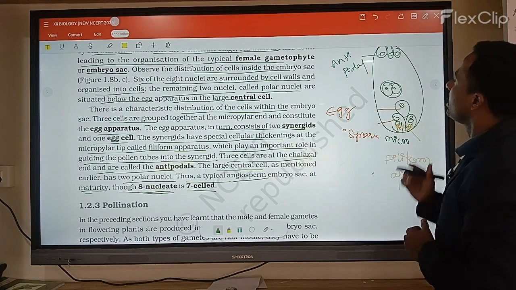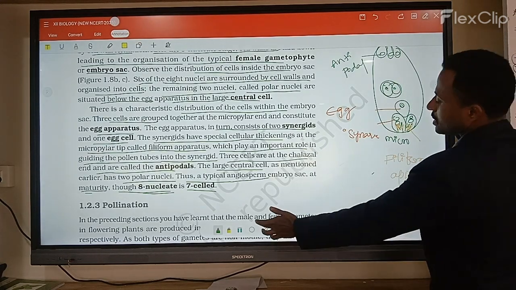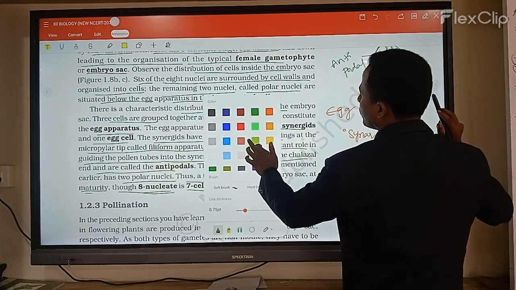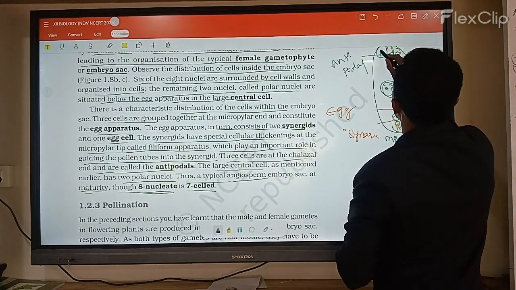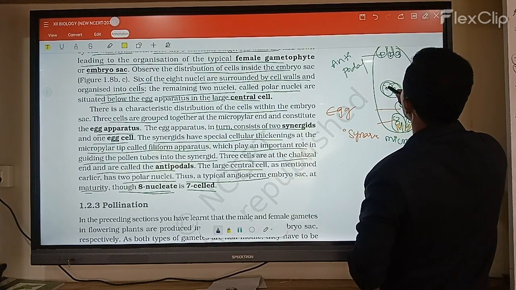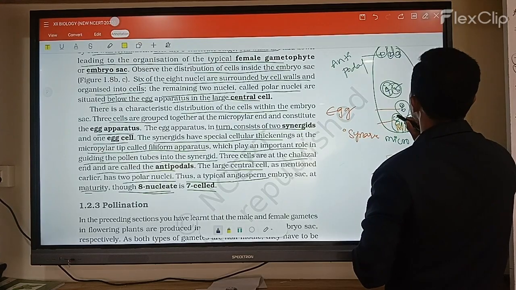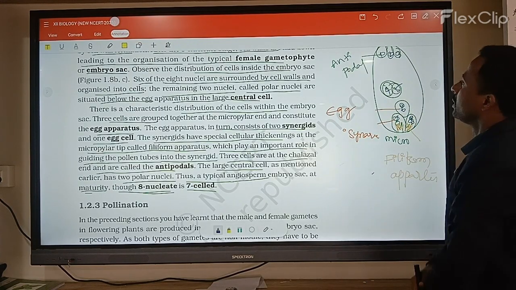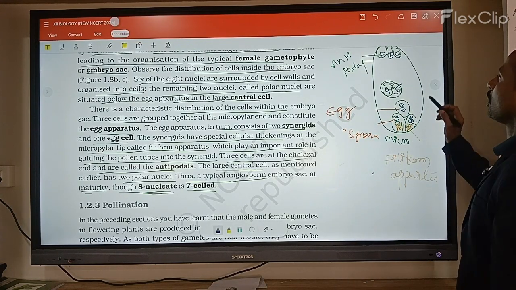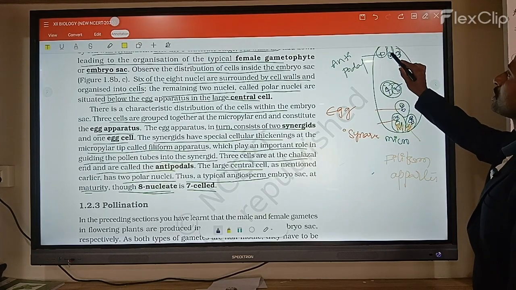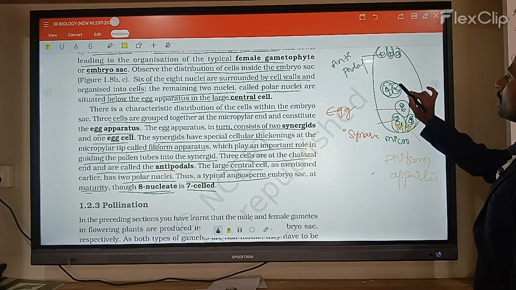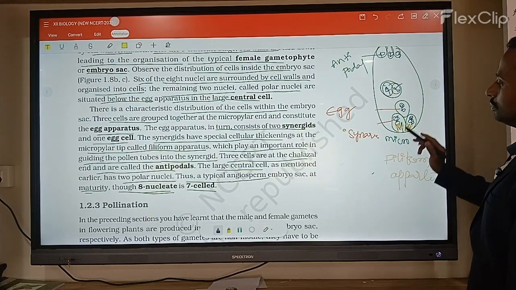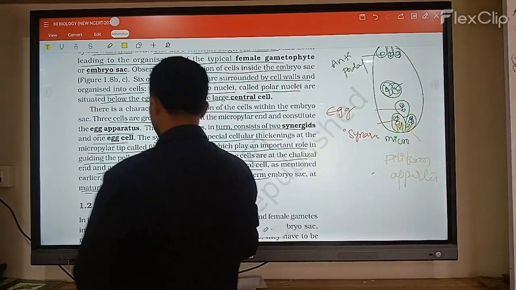How many nuclei? Eight: 1, 2, 3, 4, 5, 6, 7, 8. How many cells? 1, 2, 3, then 4, 5, 6, 7, a total of seven cells.